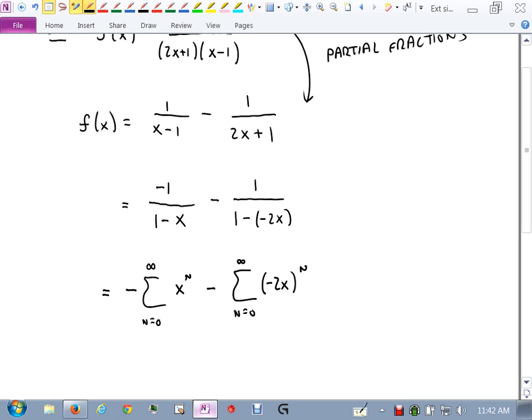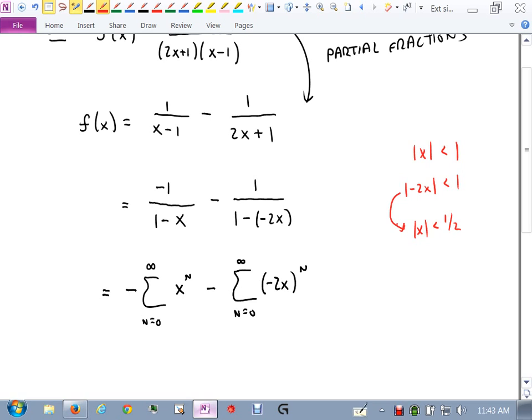Now, we haven't talked about this, and we didn't talk about it in the last one either, but you could come up with the intervals of convergence here, because this says the absolute value of x has to be less than 1. I'll just jot it down over here. The absolute value of x has to be less than 1, and what does the other series need to converge? The absolute value of -2x to be less than 1, which means that the absolute value of x has to be less than 1/2, right? That's what that one gives you.